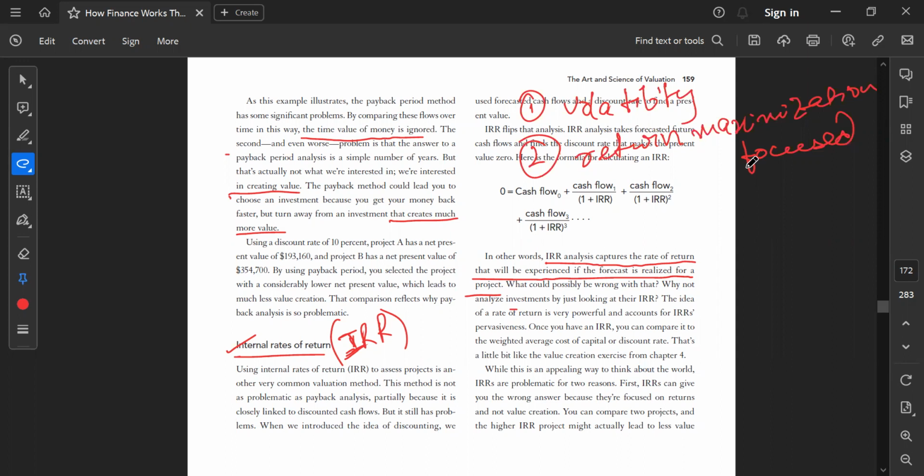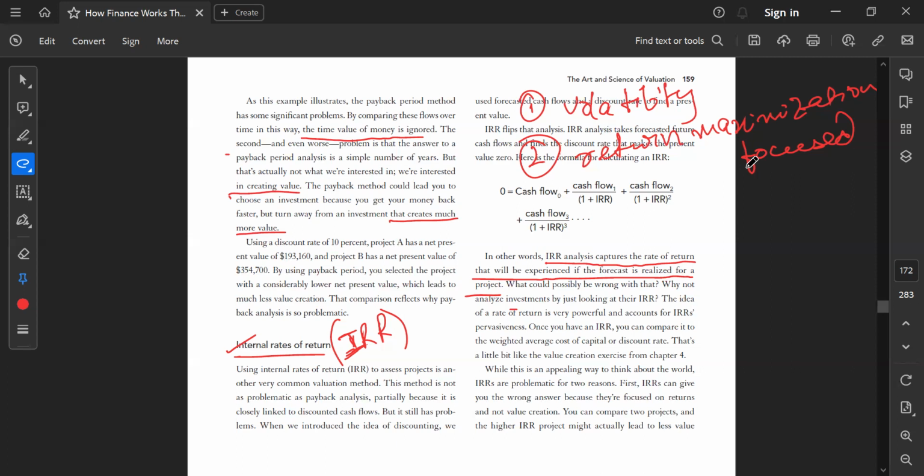Because maximizing return might result in us actually being on the losing side if we focus so much on the return maximization process. Because again, after calculating the net present value, it might be found that the one with more value is the better option for us, right? These are the two considerable drawbacks of using internal rate of return as a measure of valuation.